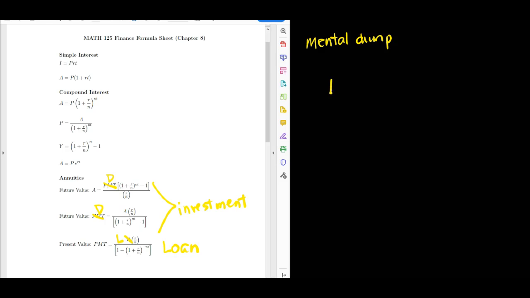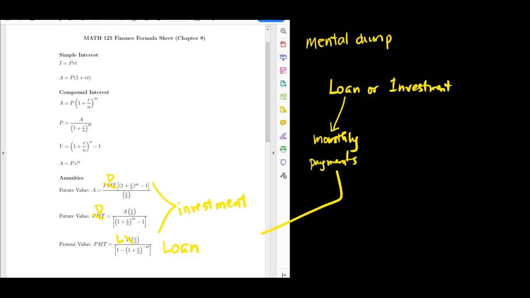So you ask, loan or investment? If it is a loan, payments are done monthly. Then you have the loan formula. If it is an investment and you have periodic deposits, so you will look for plural terms.